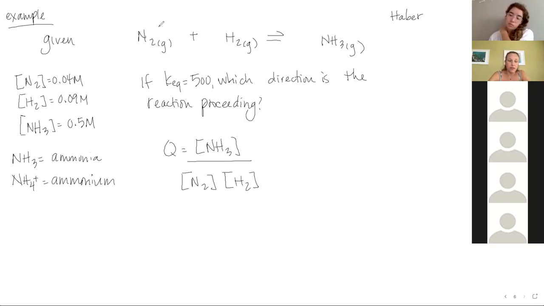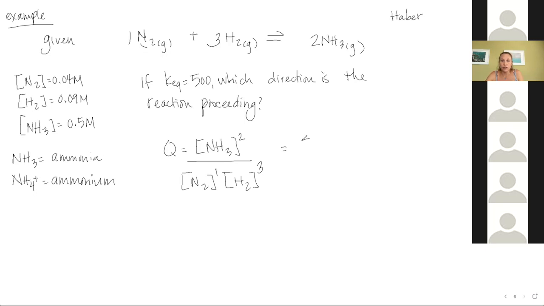We need to balance it by making, so we have 2 nitrogen here, we need 2 nitrogen here. Now we have 6 hydrogen, so we need to make sure this is 6 hydrogen, and then we can leave this nitrogen alone. So we know that our ammonia is going to be raised to the power of 2. Our nitrogen gas is going to be raised to the power of 1, and our hydrogen gas will be raised to the power of 3. Then we can plug in our concentrations.